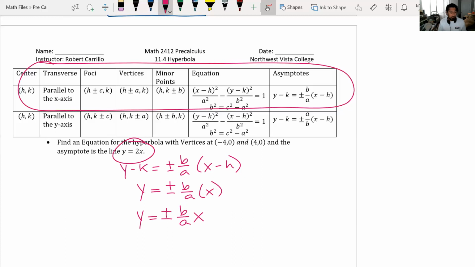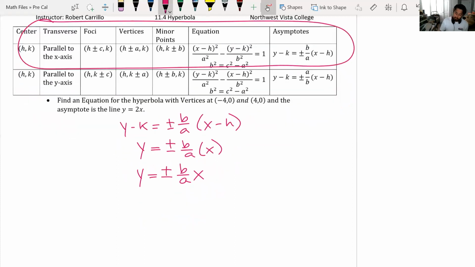Well, we know that they're giving us 2x. So what that means is, if we just use this part, the b over a, I'm going to call this solve for b. So all we have to do is take this part, b over a, and set it equal to the 2.